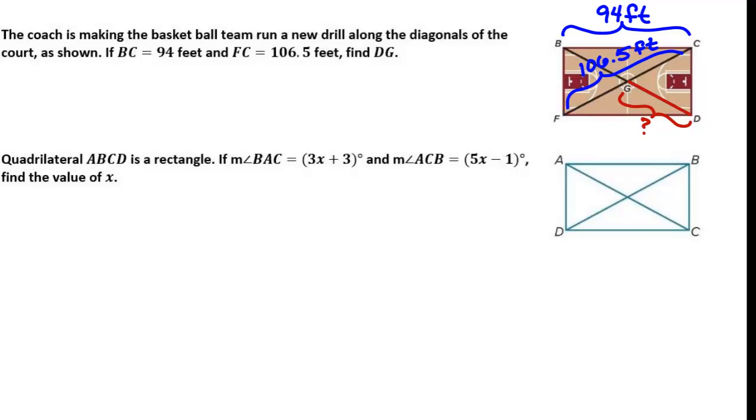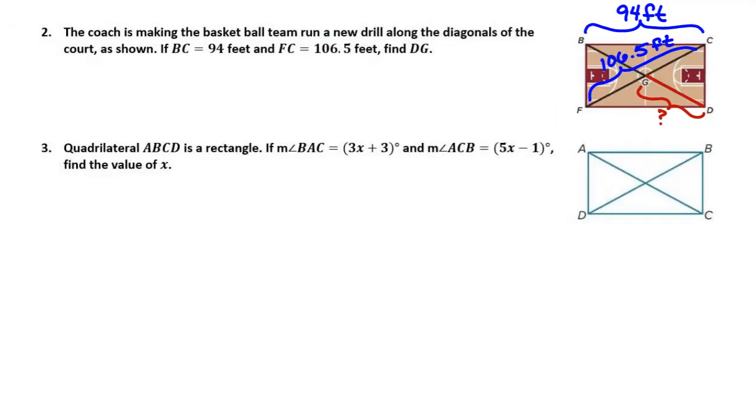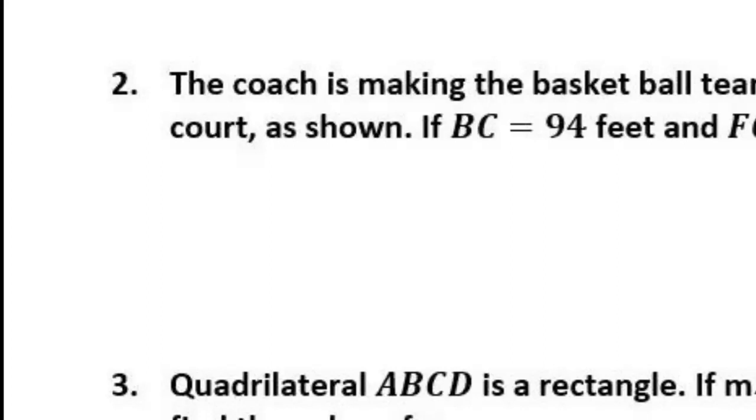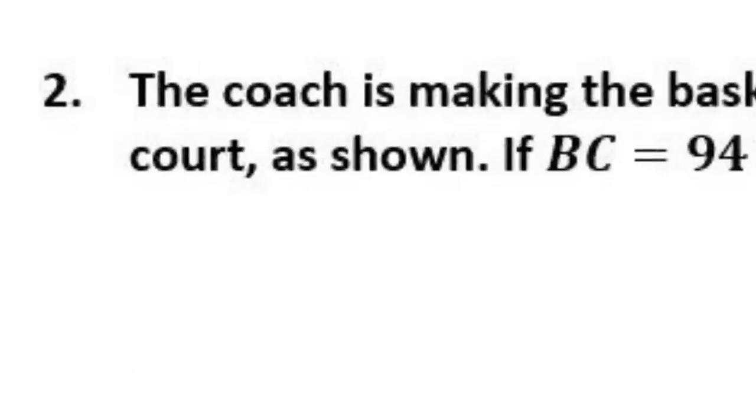What did we just learn that's special about the diagonals of a rectangle? Yes, and I'm looking for the congruent part right here. They bisect each other, fantastic. They are also congruent to each other. What are the names of the diagonals in this picture on the basketball court? FC and BD.